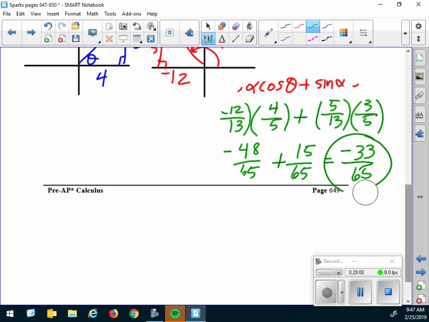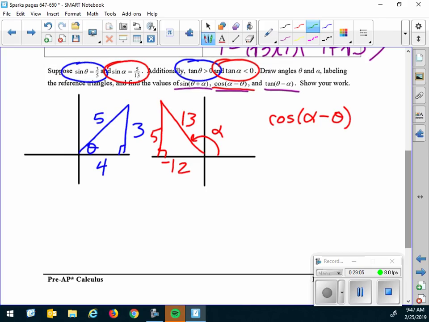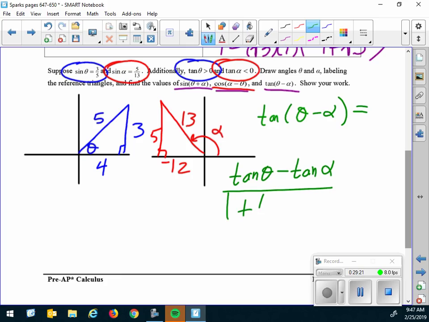One more. The last one is tangent of theta minus alpha. Tangent of theta minus alpha is tangent theta minus tangent alpha over 1 plus tangent theta, tangent alpha.